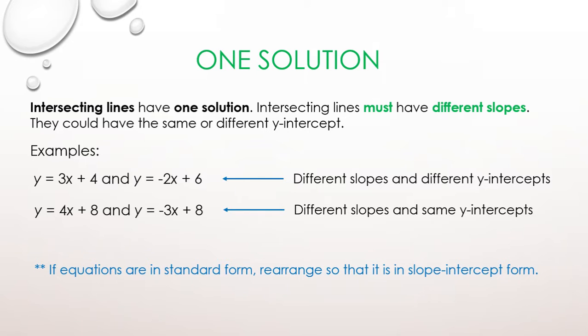So the easiest way to see it is if you have these equations in slope-intercept form, and if it isn't, you can always rearrange it so that it is. If you don't want to, you can simplify the equations and then you can tell from that.